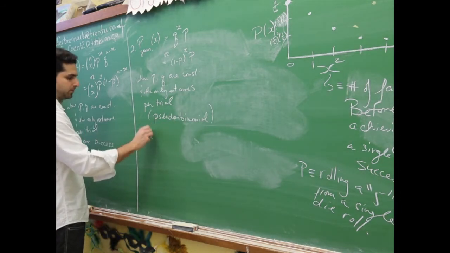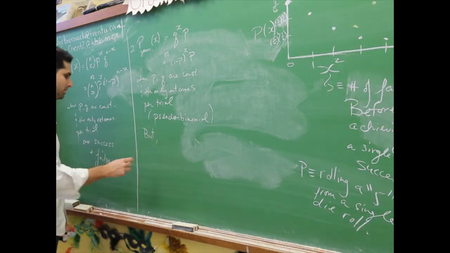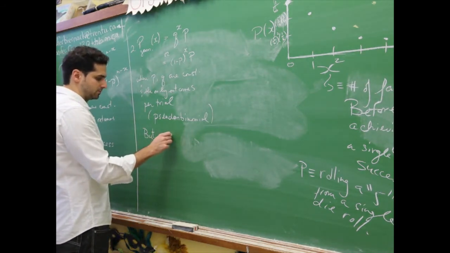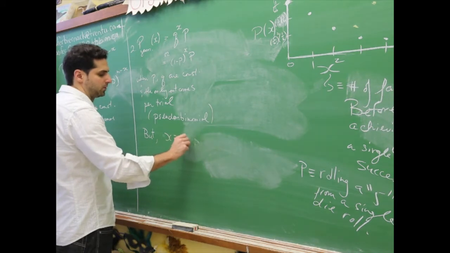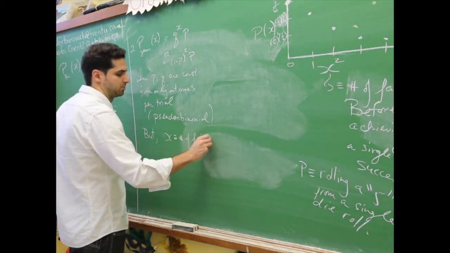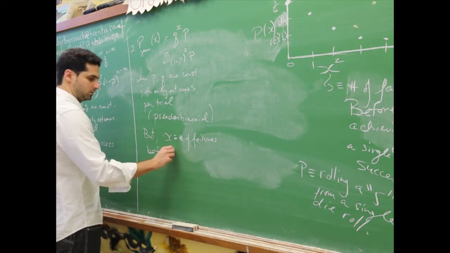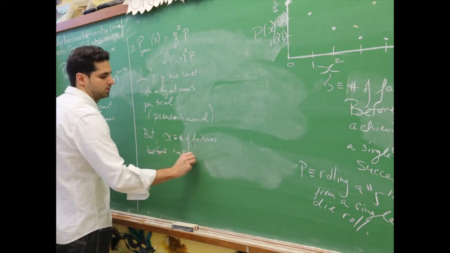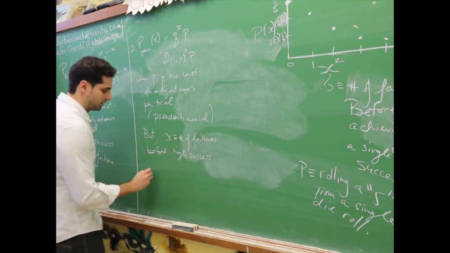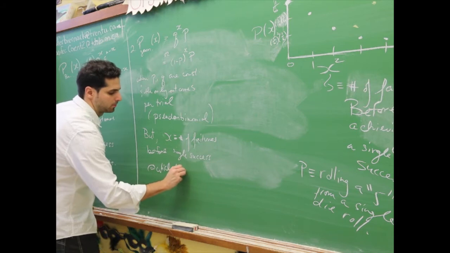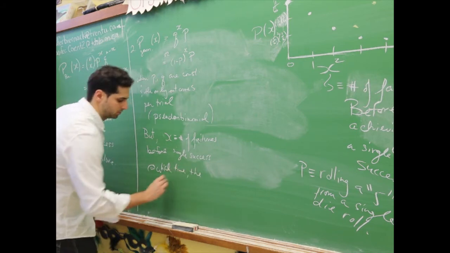But X is defined as number of failures before a single success, at which time the model stops.